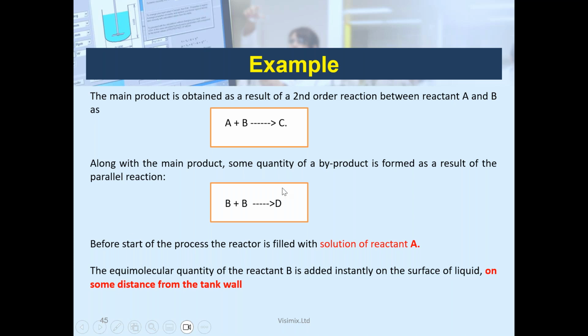And I will feed the reaction A plus B giving C, the main reaction, a second order reaction. The A will be in the tank, the B will be the feeding material, and this B knows how to react with itself and generate a material that is D.